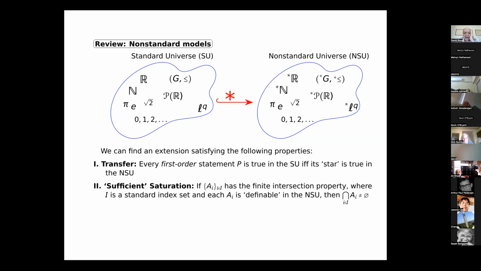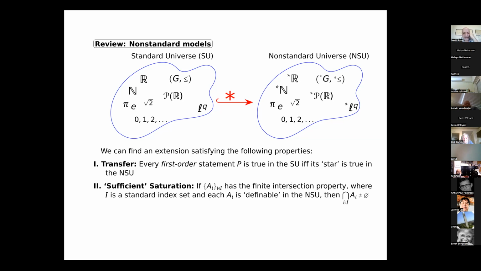So you've got a collection of these sort of nice sets in the non-standard universe indexed by a relatively small set. And what I'm saying here is that it's indexed by a standard set. So if this collection has the finite intersection property, every finite set of these things has non-empty intersection, then the whole thing has non-empty intersection.